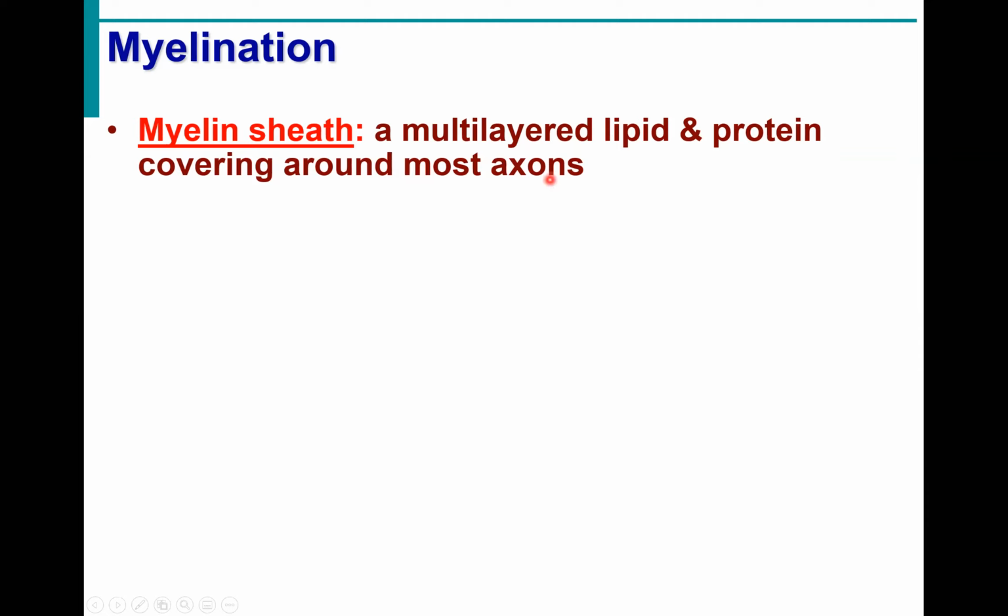And of course, the key word there being most, because most is not all. They are produced in the central nervous system by, again, the oligodendrocytes, and in the peripheral nervous system by the Schwann cells.